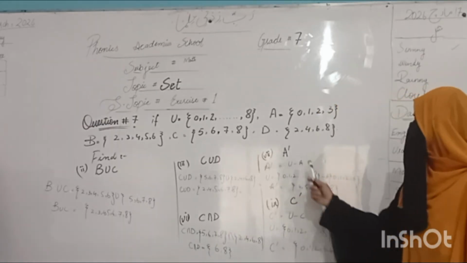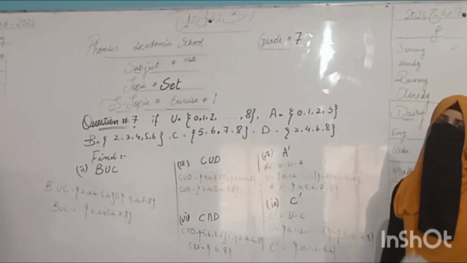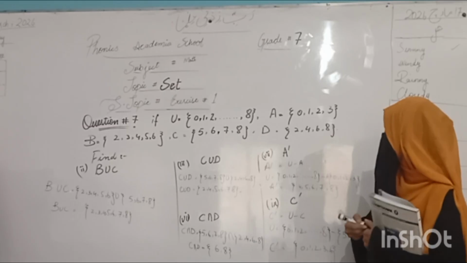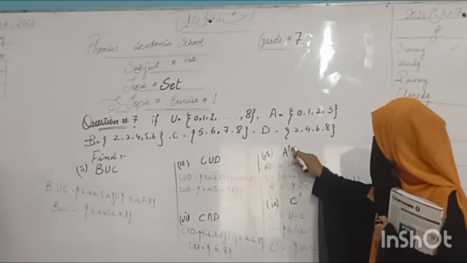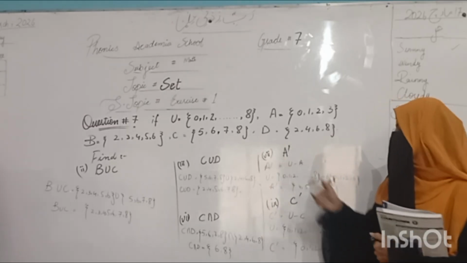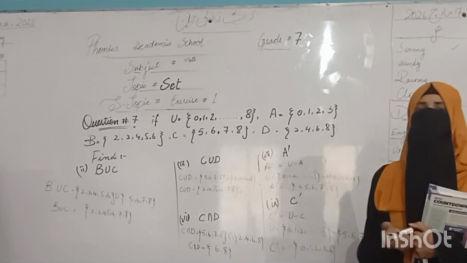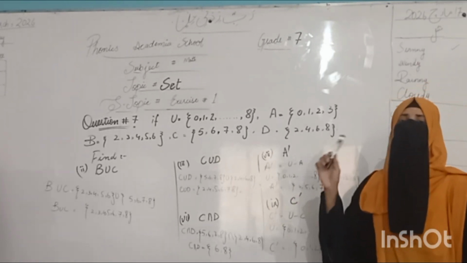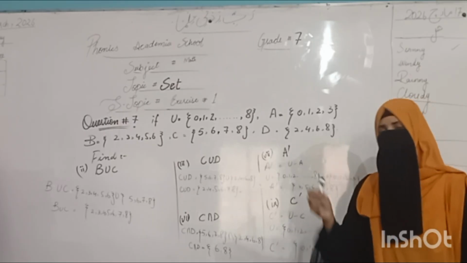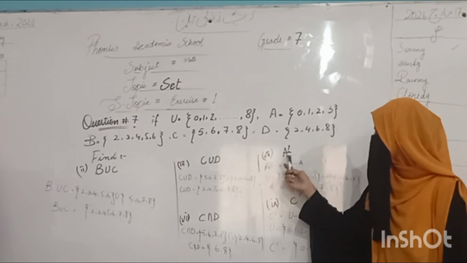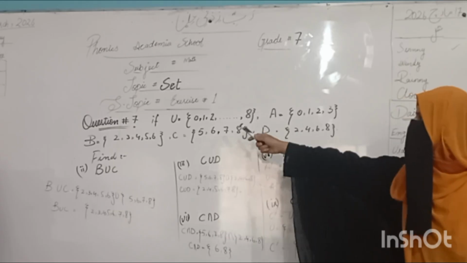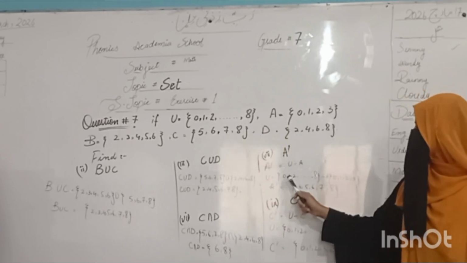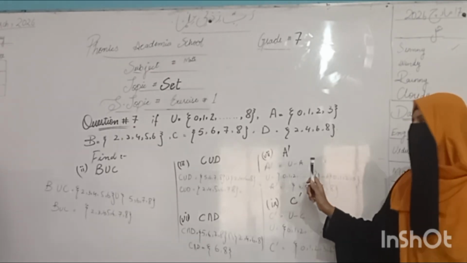So students, coming to question number 7, A universal. This is a new thing for you. Students, this sign means universal. When you find the universal of any set, you do U minus that set. A universal is equal to U minus A. The value of U is 0, 1, 2, continue to the last digit 8, so it means 0, 1, 2, 3, 4, 5, 6, 7, 8.